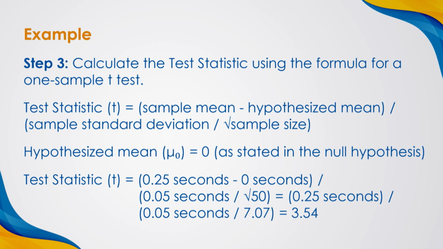Test statistic t is equal to sample mean minus hypothesized mean divided by sample standard deviation by square root of sample size. Hypothesized mean is equal to 0. If we substitute all the values in the formula, we get 3.54 as the test statistic value.